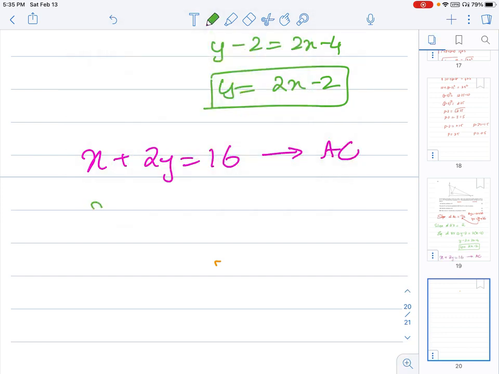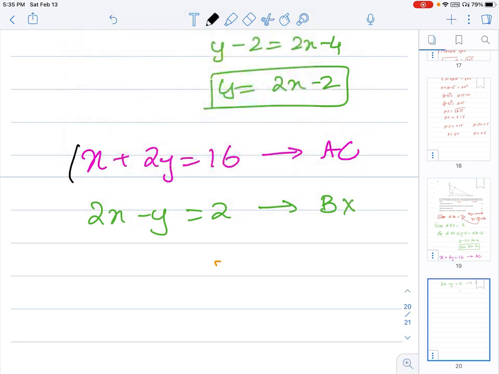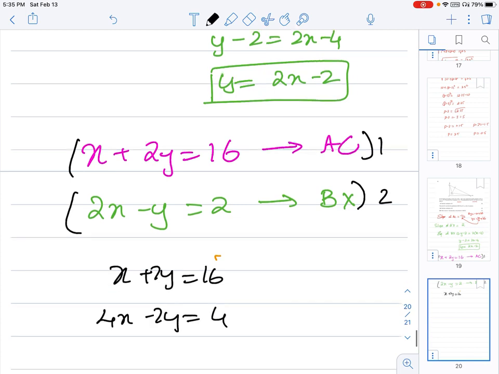Then 2x minus y is equal to 2, which is the equation of BX. So I need to solve both of these. Multiply this equation with 1 and this equation with 2. So it becomes x plus 2y is equal to 16, 4x minus 2y is equal to 4.